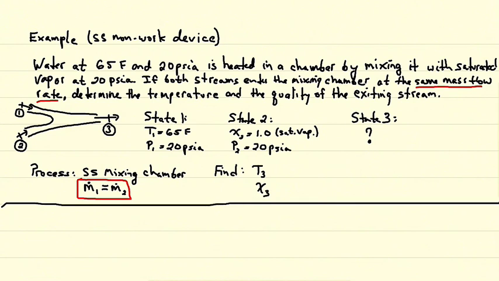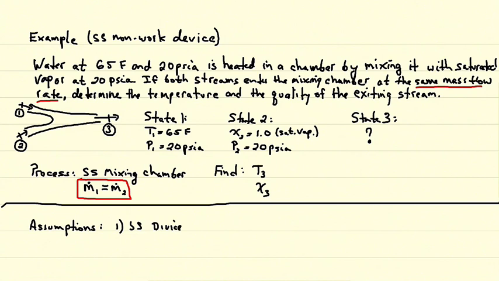The first thing that I like to do when we start the analysis is to remind ourselves of the assumptions. The first assumption that we're making is that this is, of course, a steady state, steady flow device.